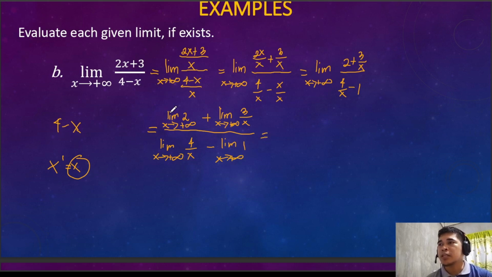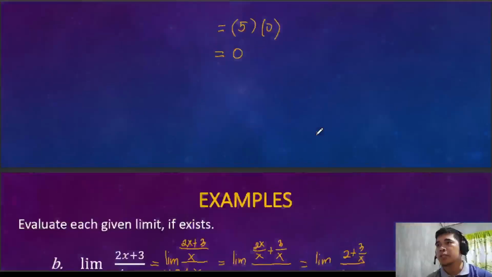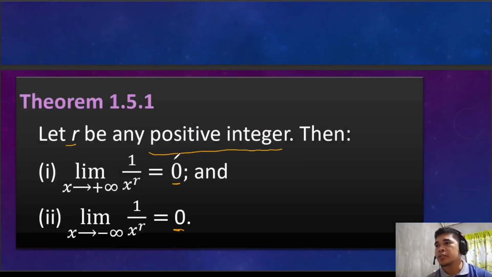Next, what is the limit of 2? 2, of course. Plus the limit of 3 over x. So by the theorem, our r is 1, x approaches positive infinity. Automatically 0 again, right? Here, 0 is the answer, even if x approaches positive infinity or negative infinity.